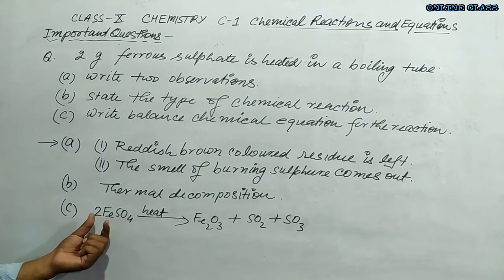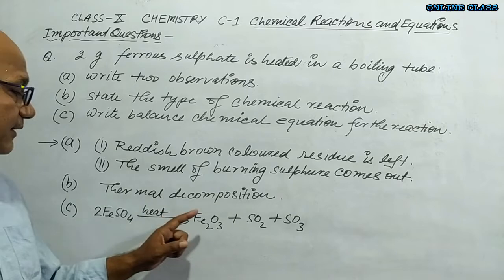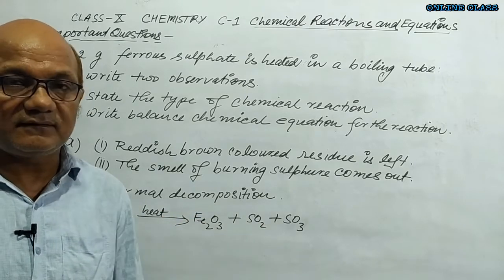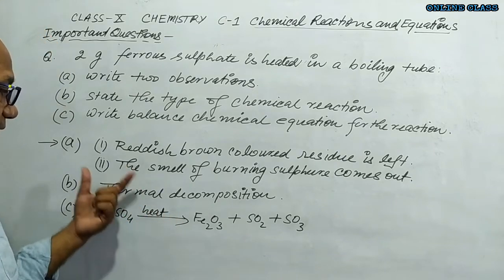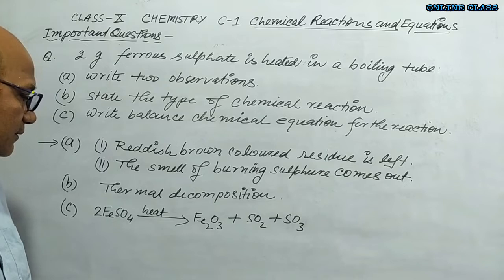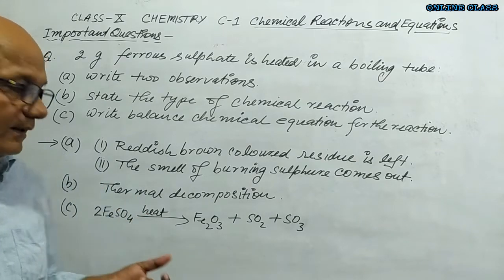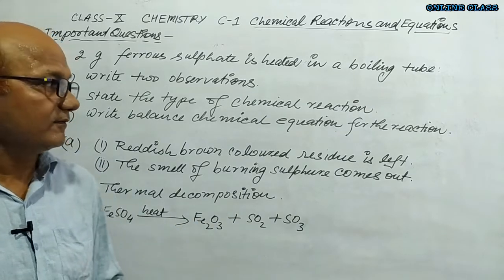Now you can see here is a single reactant, and on heating it breaks into 3 products. So this reaction is actually thermal decomposition, because in the presence of heat a single substance breaks into 2 or more substances. Okay.